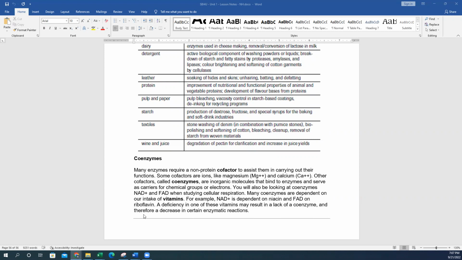And if you have a deficiency in one of these vitamins, it may result in a lack of a coenzyme, and so then you will have a decrease in a certain enzymatic reaction. So typically, if you have a very varied diet, you have the ability to obtain all your various vitamins, which will provide you with all the coenzymes and cofactors that are necessary for enzymatic reactions.